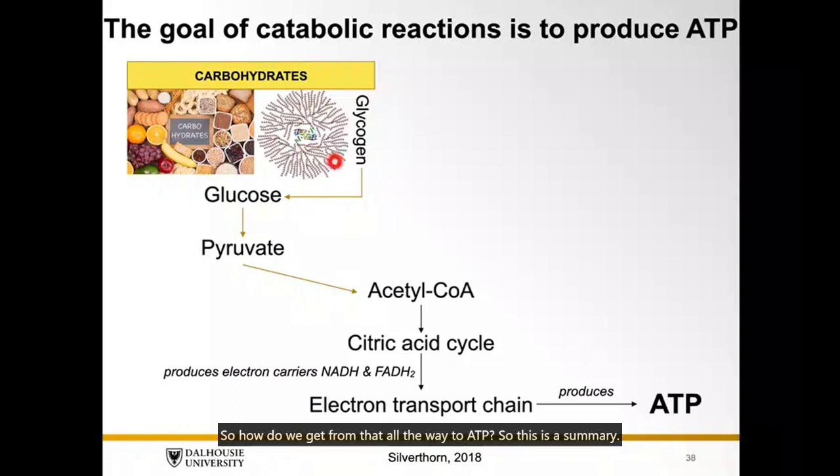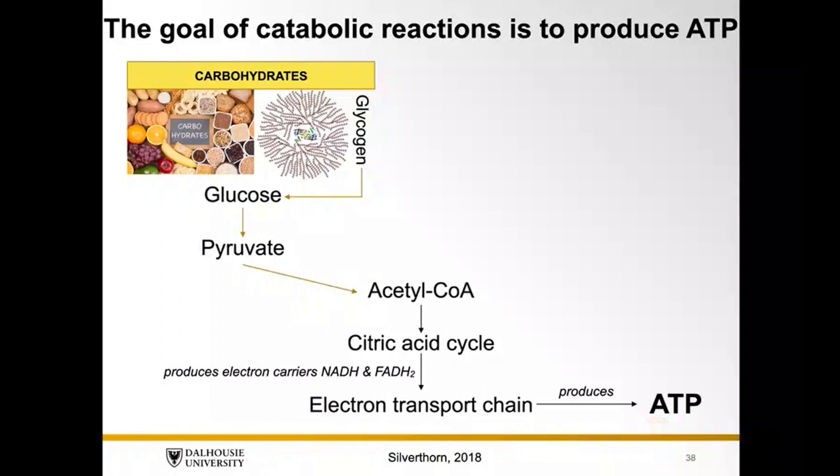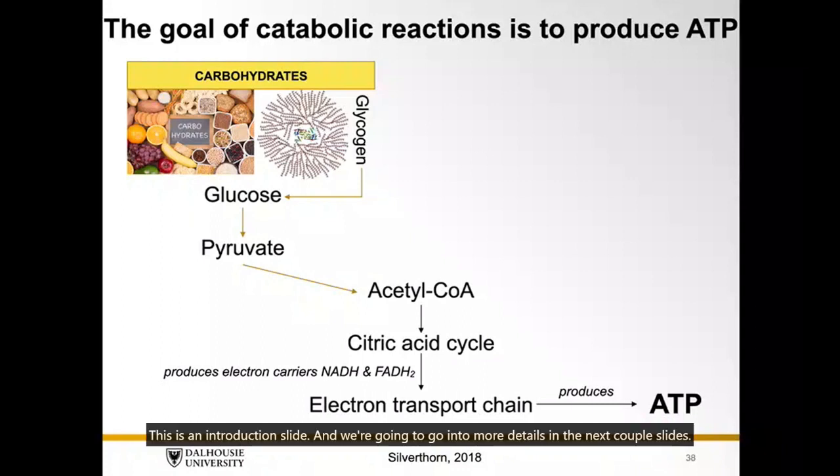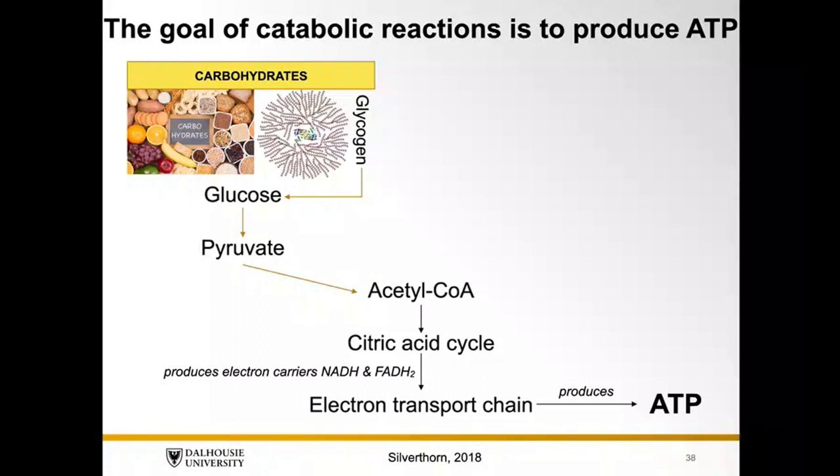So how do we get from that all the way to ATP? So this is a summary. This is an introduction slide, and we're going to go into more details in the next couple slides. But let me walk you through some of the key concepts and key principles here.